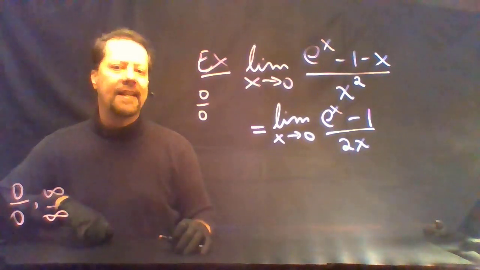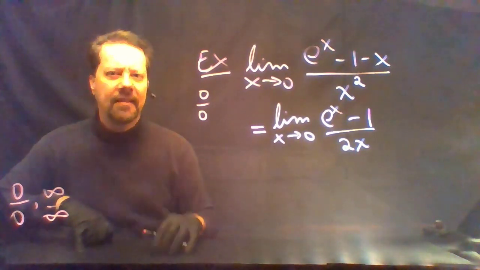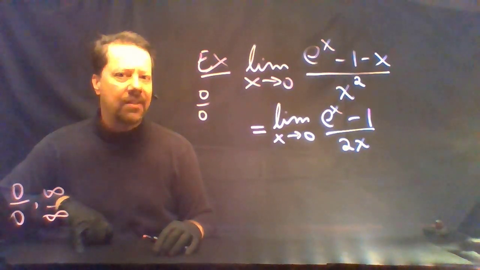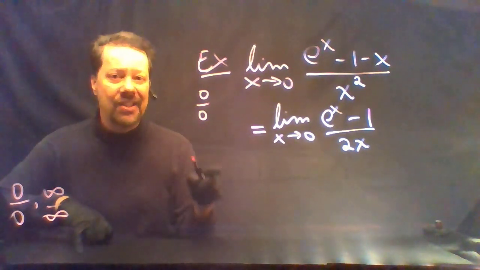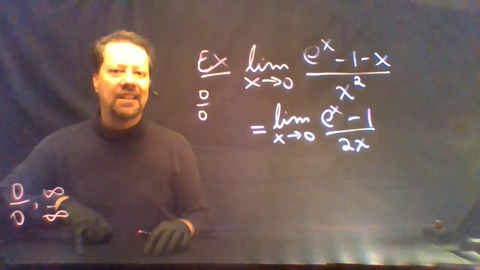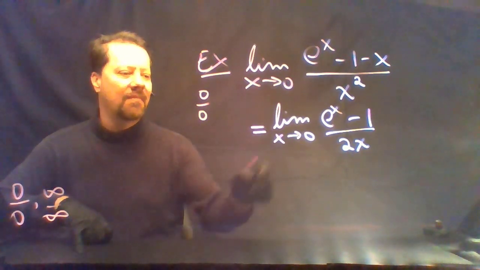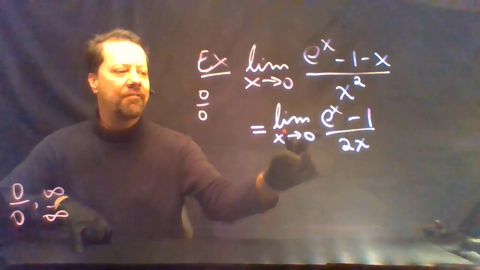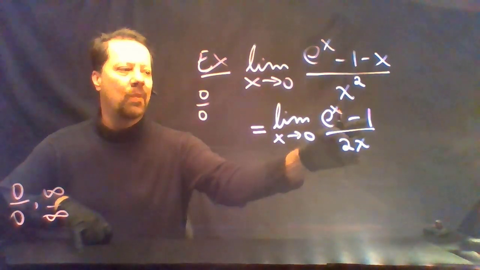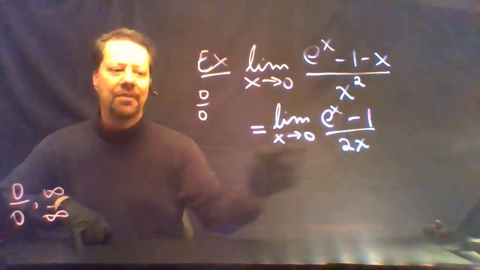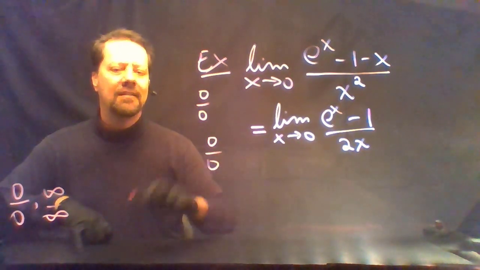The derivative of the denominator is 2x. I want you to note carefully that I am not using the quotient rule. I'm using f prime divided by g prime. That might take a little getting used to. Notice that if we plug in 0 now, e to the 0 is 1, 1 minus 1 is 0, we'll have 0 over 0 again.